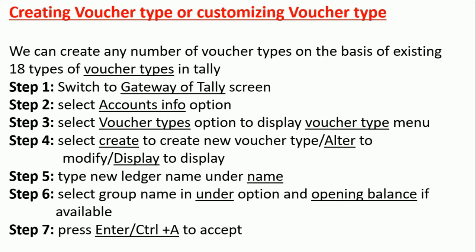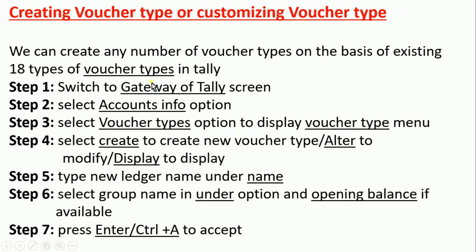Step 1. Switch to Gateway of Tally screen. Step 2. Select Accounts Info option. In the Accounts Info, now we will select Voucher Type to display the Voucher Type menu. Then select Create to create a new voucher type, or alter to modify, or display to display.